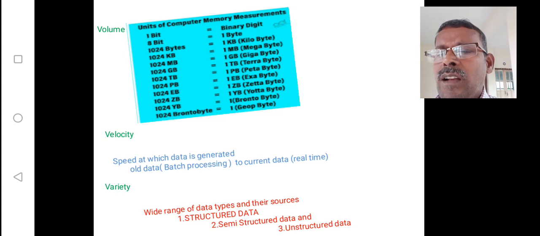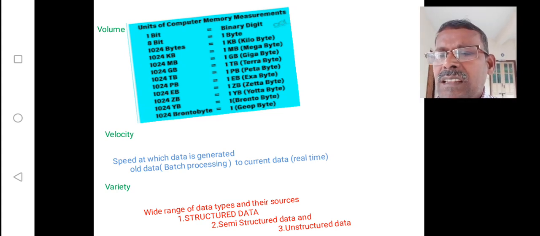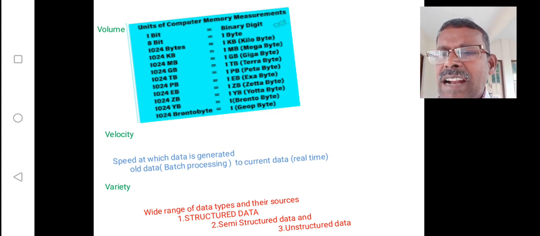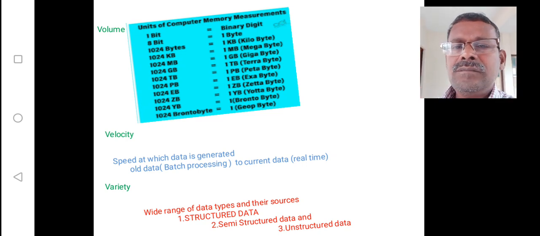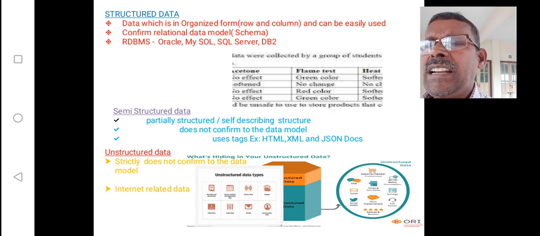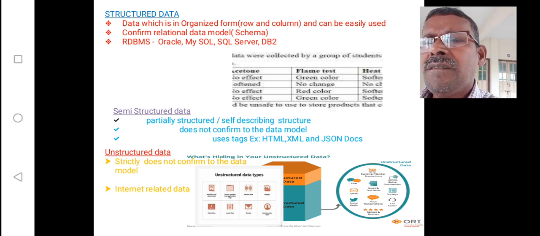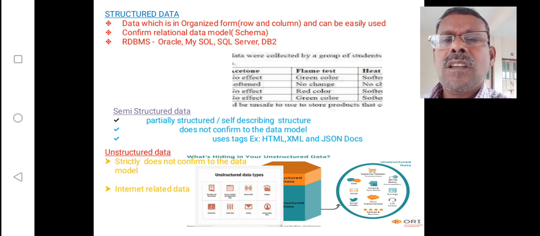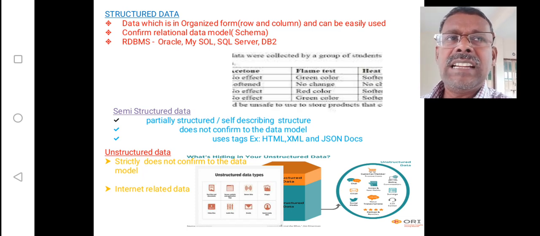According to the source of information, data is classified into three: structured data, semi-structured data and unstructured data. What is structured data? Data which is in an organized form. Organized form means data can be collected.